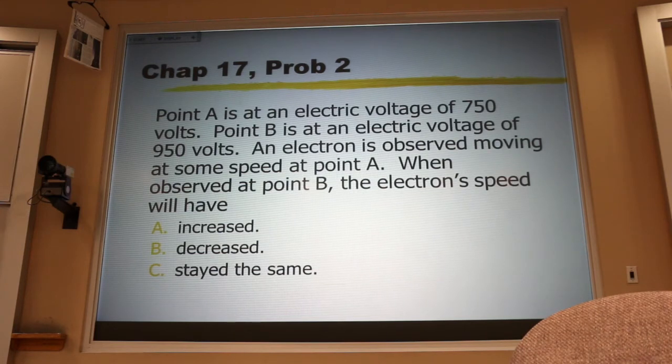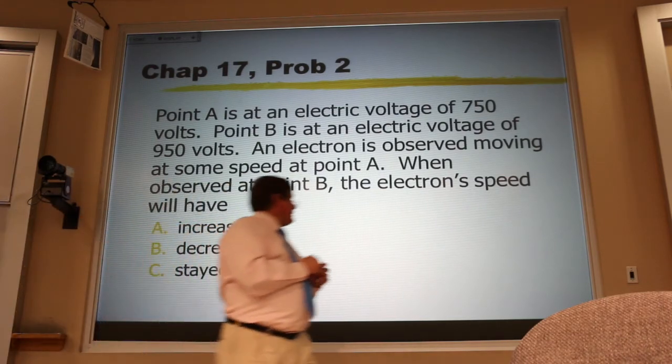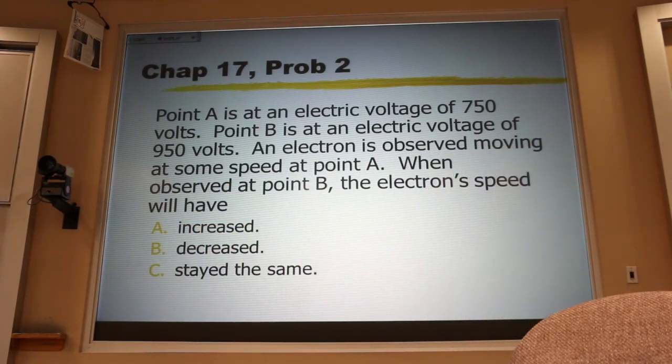And we have an electron and it's going at some velocity at A. And the question is, when it gets to B, will it be going faster, slower, or the same speed? Tell me with your clicker.